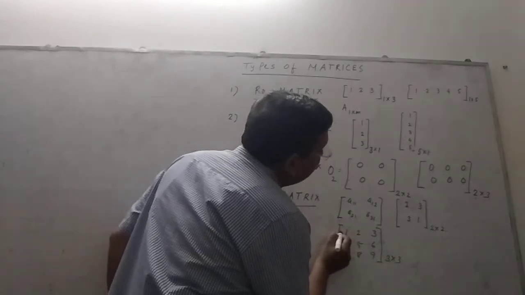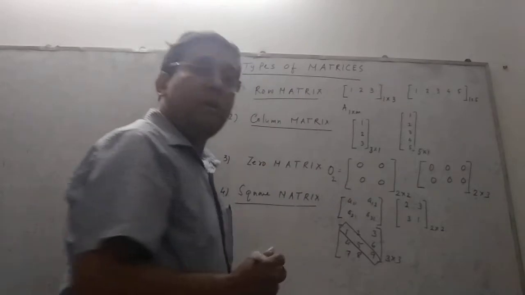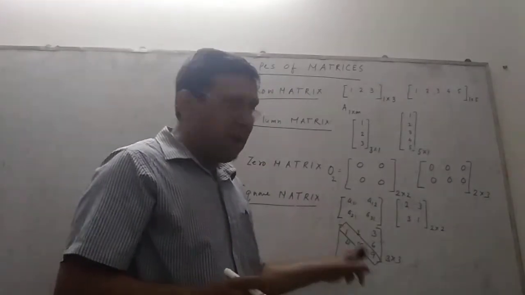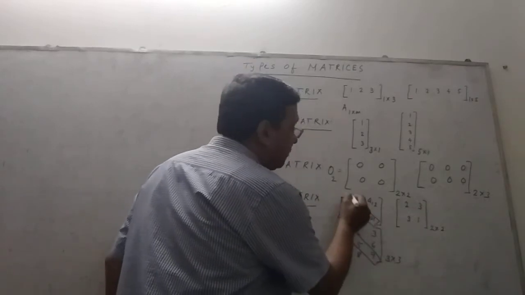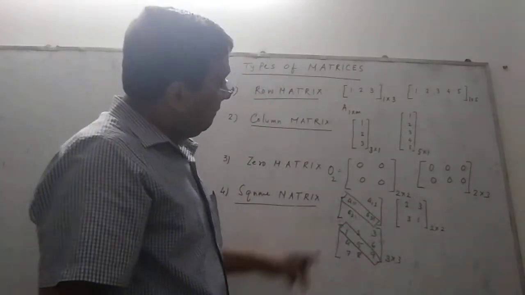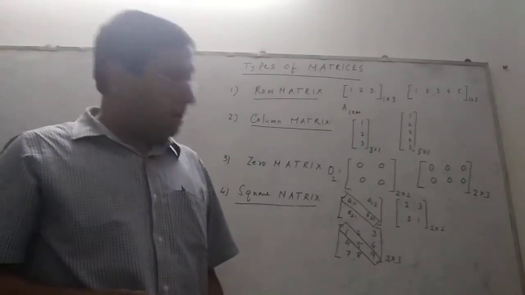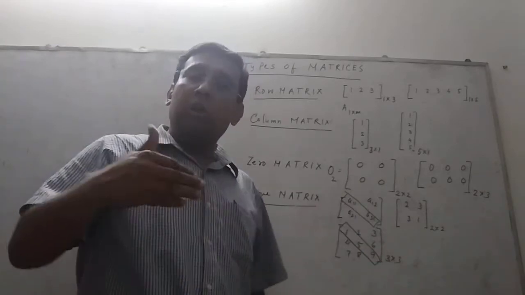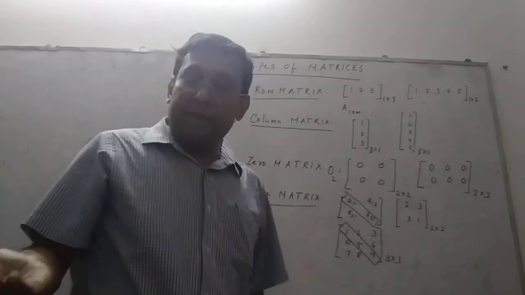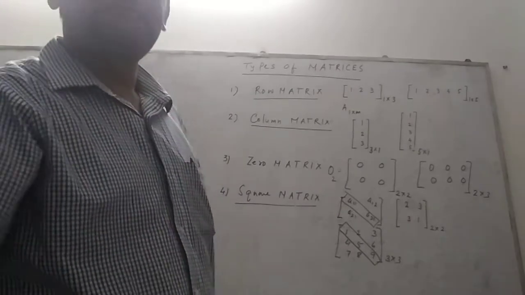This diagonal for any square matrix is very, very important. This diagonal is called principal diagonal or primary diagonal. Based on the primary diagonal, we will also classify different types of matrix that we have to understand.